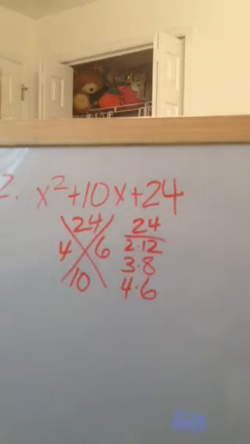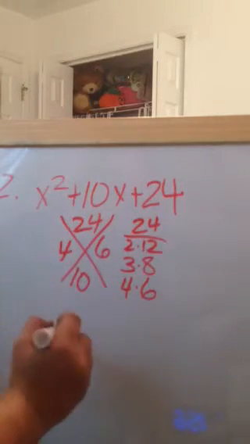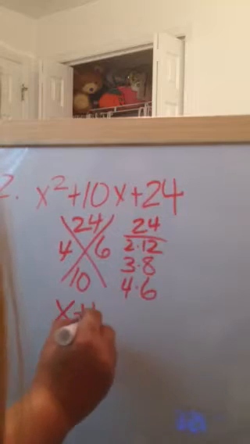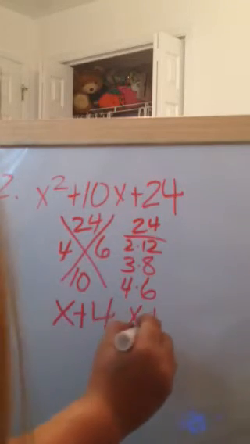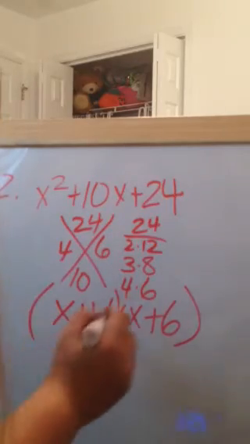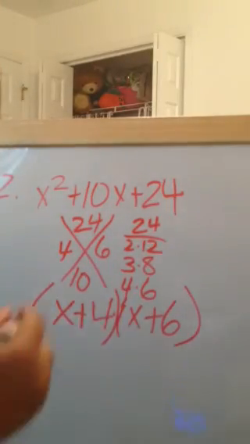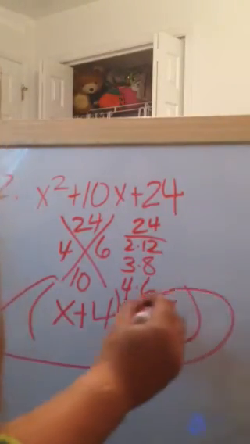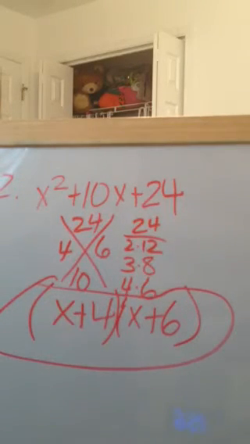Now, all we have to do is just plug the 4 and 6 in. So x plus 4 and x plus 6. And that is how we factor an easy case quadratic expression.